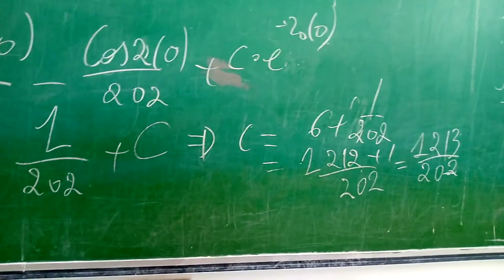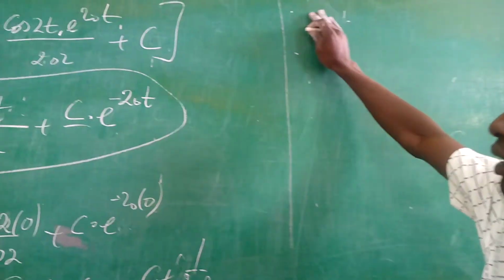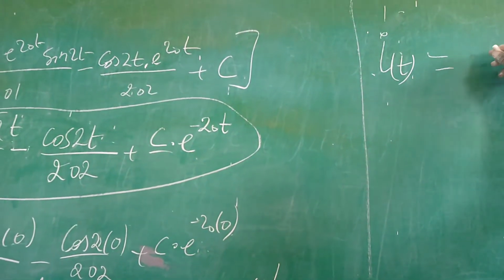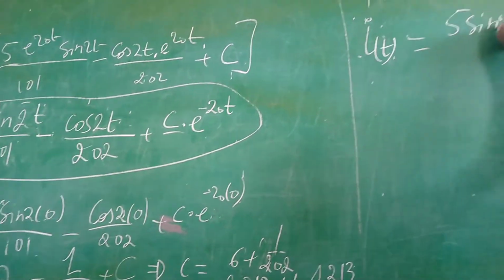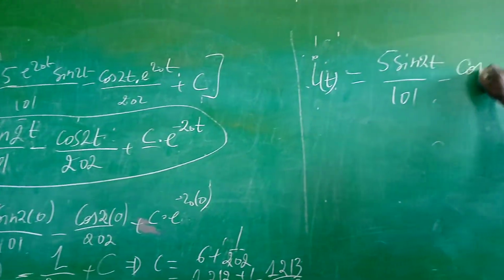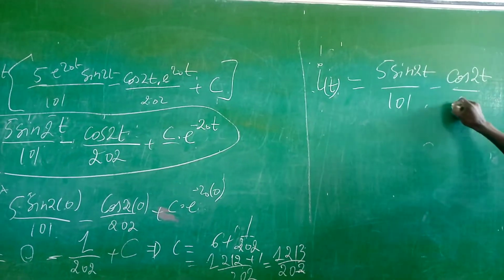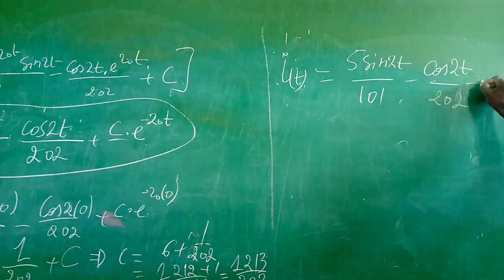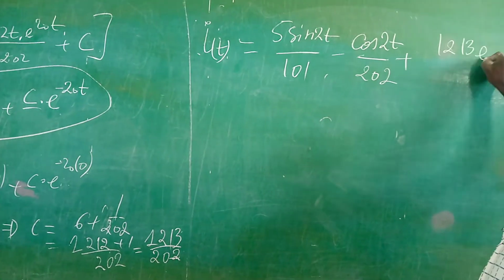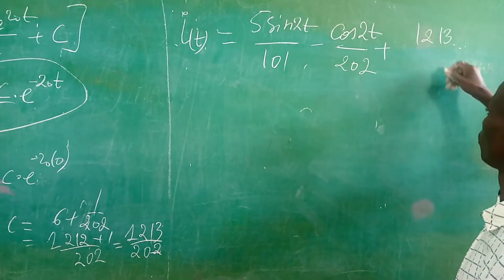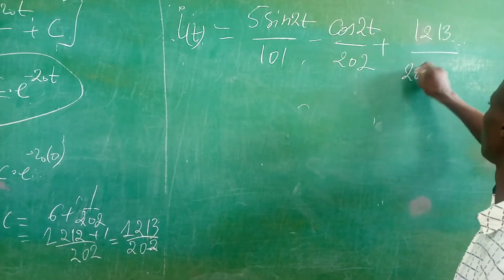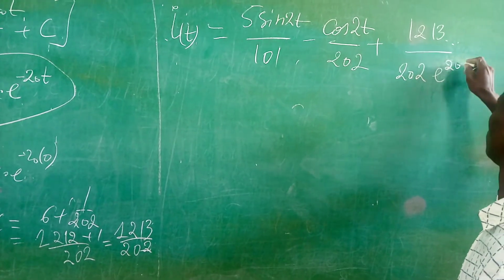Now let's write the final solution: i equals 5 sine 2t over 101 negative cosine 2t over 202 plus 1213 over 202 e^(-20t).